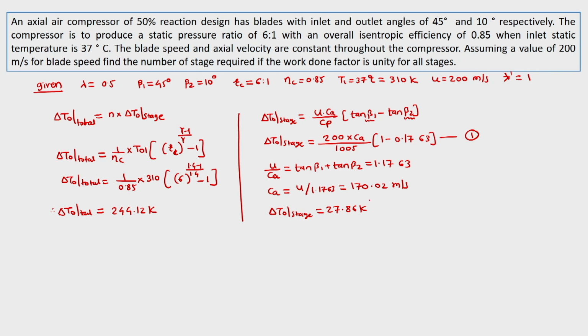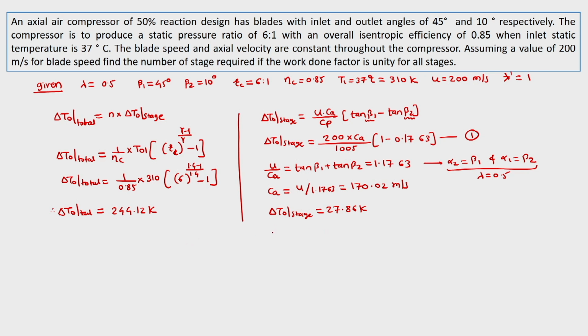Here we are making use of the fact that alpha 2 is equal to beta 1 and alpha 1 is equal to beta 2, since we are told that the degree of reaction is 0.5.